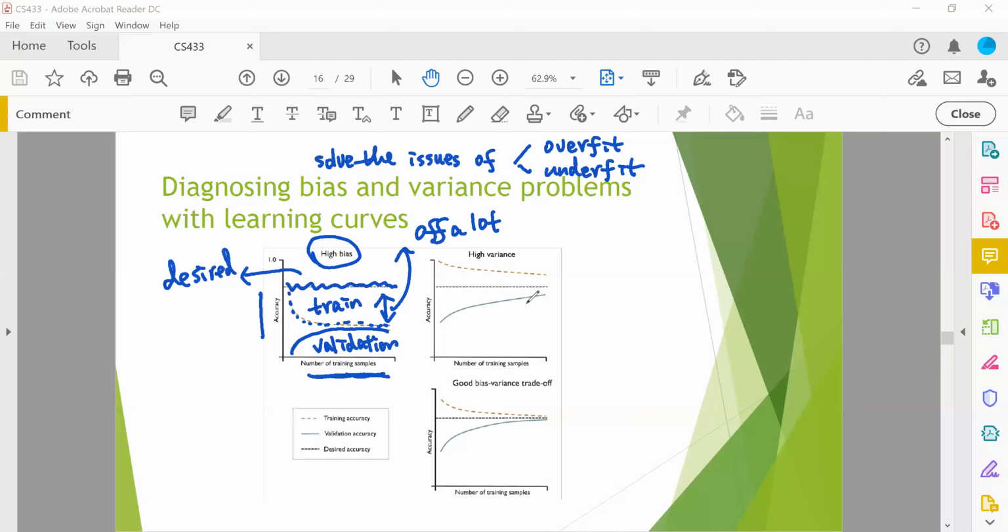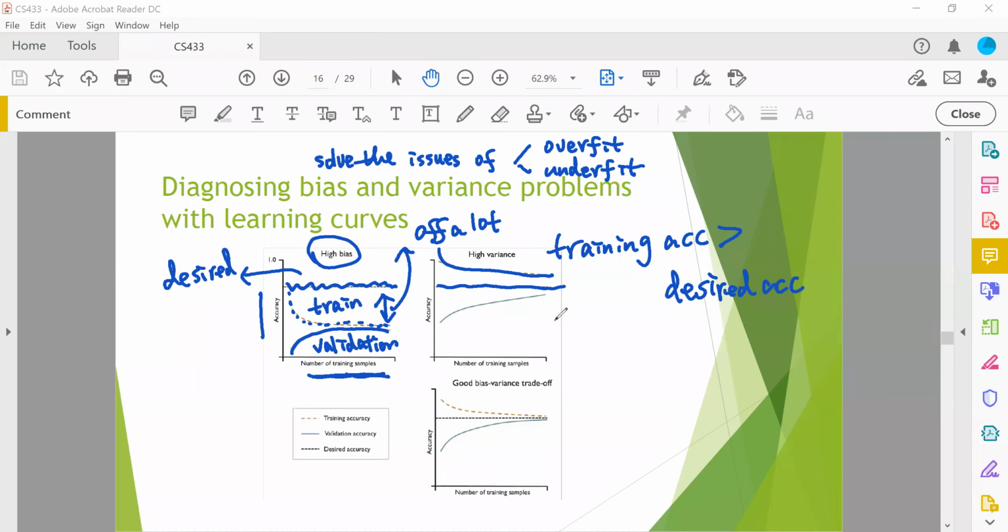Then let's take a look at this scenario. This is the desired accuracy, and training fits quite well. So training accuracy is higher than the desired accuracy.